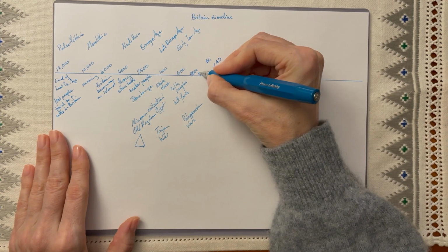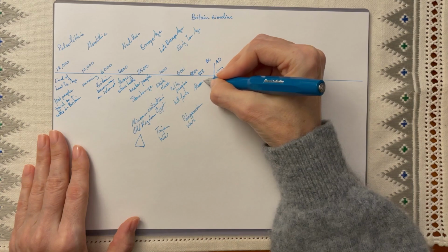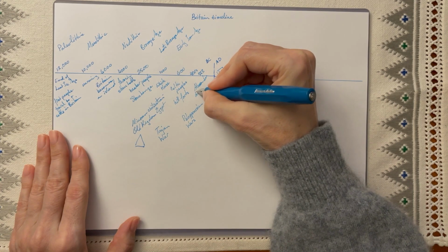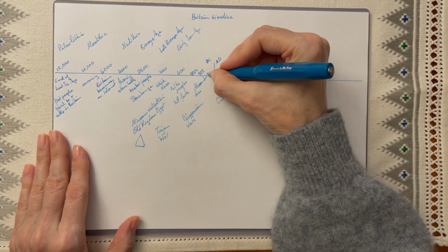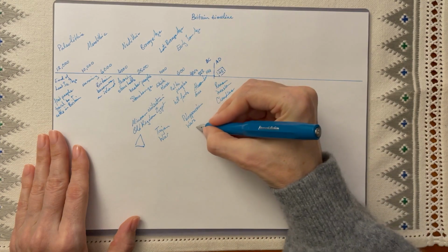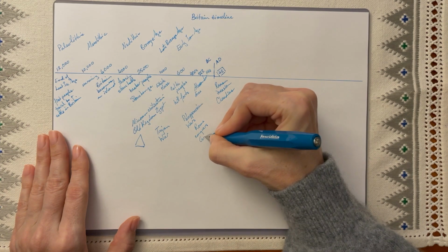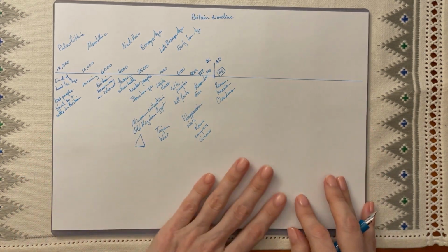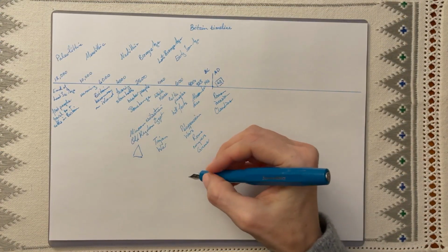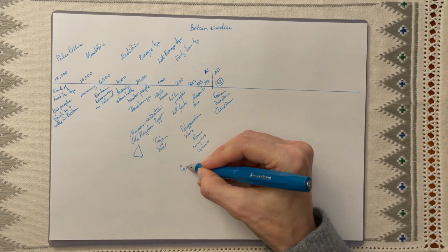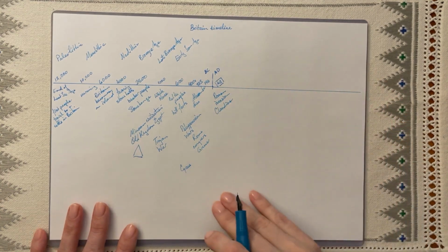In about 323, Alexander the Great dies in Babylon, and 146, Rome conquers Greece. Also in this time would be Cyrus the Great of Persia.